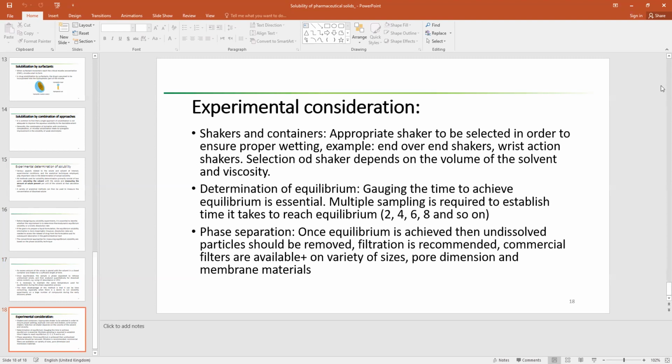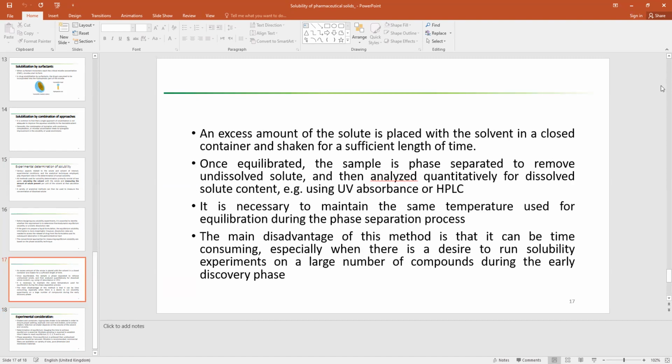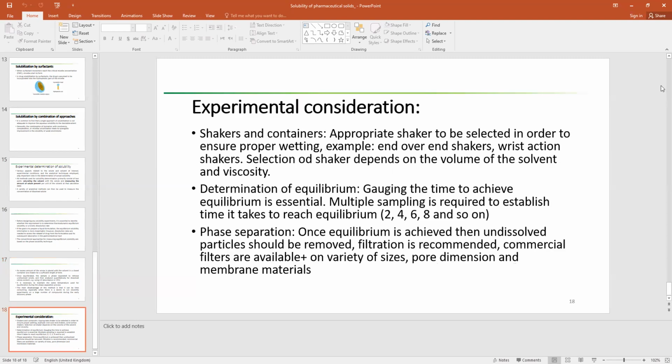Finally, we would like to highlight a couple of things. When we said that we need to add excess amount, shake for a sufficient length of time, and then separate, we would like to draw your attention that there are experimental considerations that should be studied well before starting your experiments.